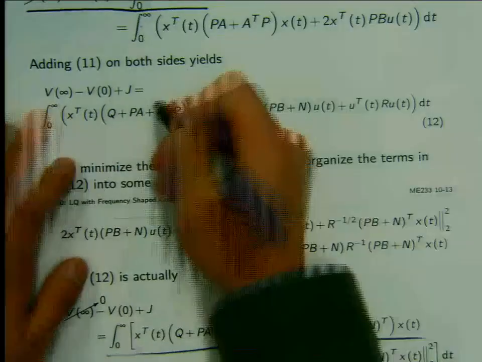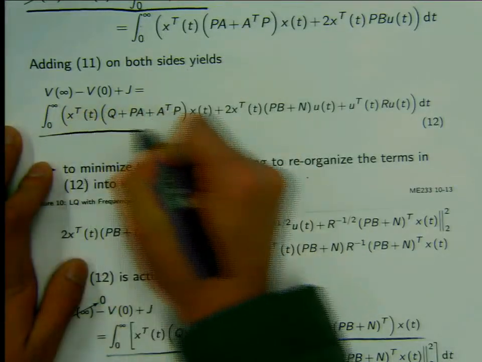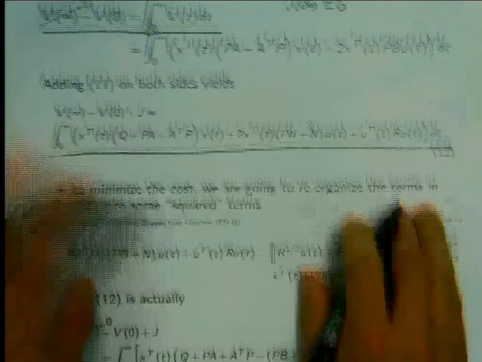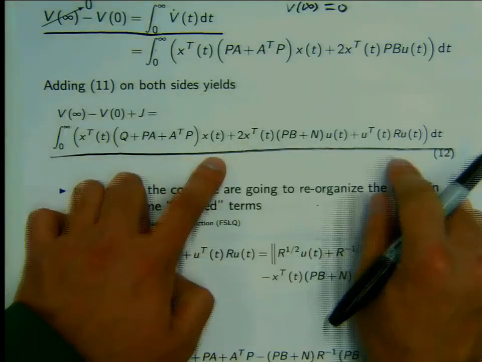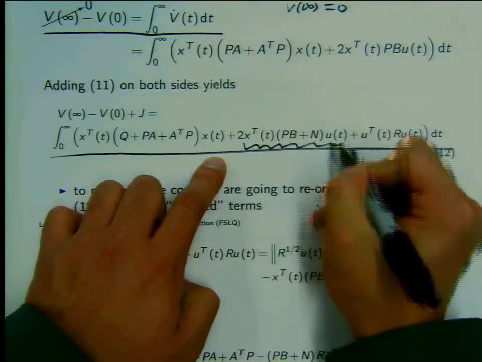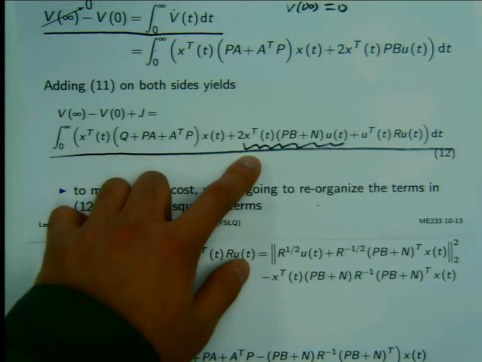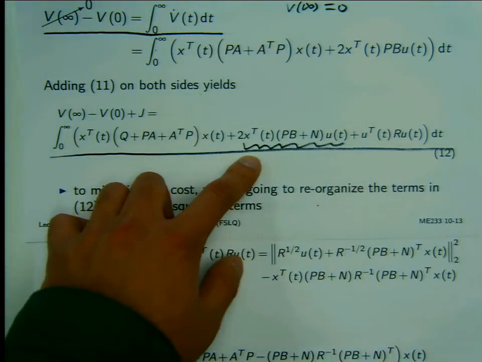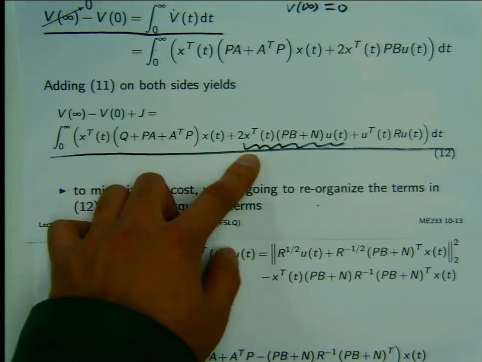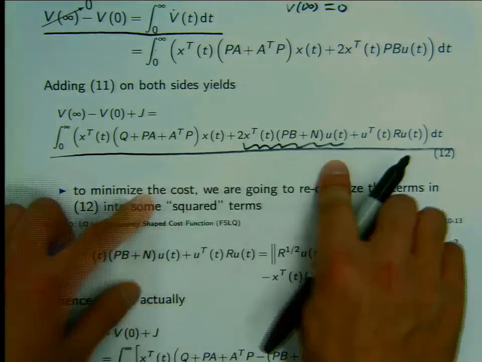So now, recall what we have achieved. We have achieved that this quadratic function contains not only x and u, but also some cross-product term between x and u. So this is exactly the example here. For the one-dimensional example, you have some cross-product term between x and u.